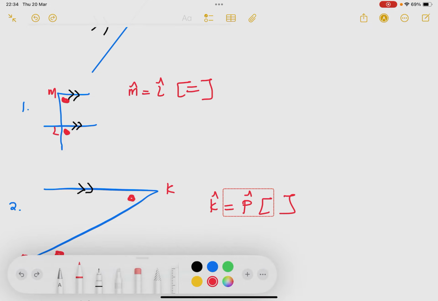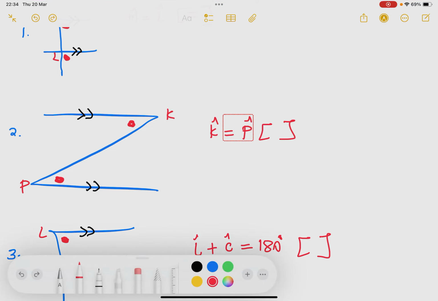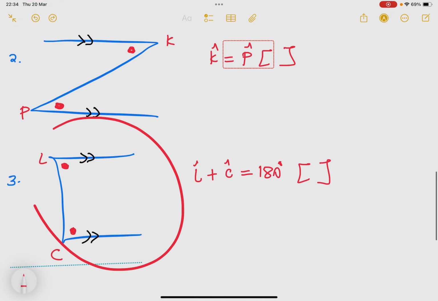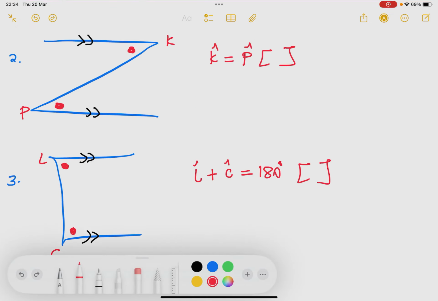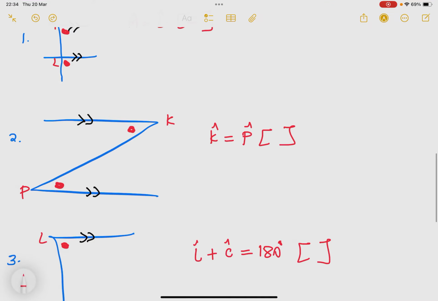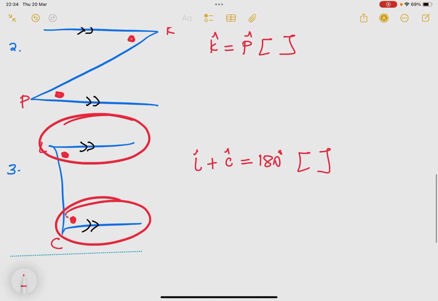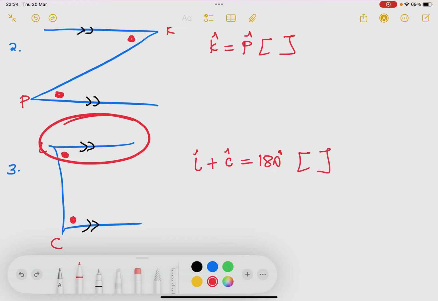They are equal. On the Z shape, those two angles are equal. On the C shape, those two angles add up to 180 degrees. All of this is true only when these two lines are parallel.